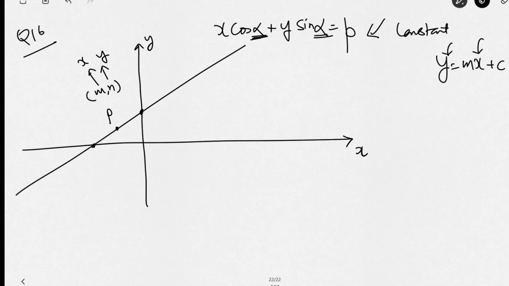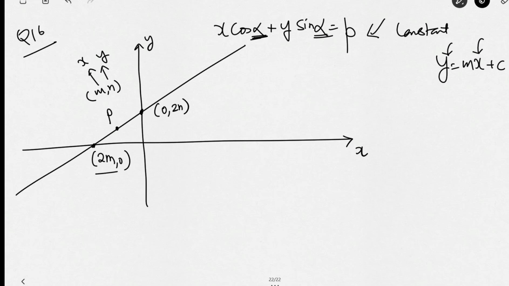Since this is the midpoint, we apply the midpoint formula. So the x intercept will be 2m, 0, and the y intercept will be 0, 2n, right? That's why you will get 2m over 2 is m and 2n over 2 is n.